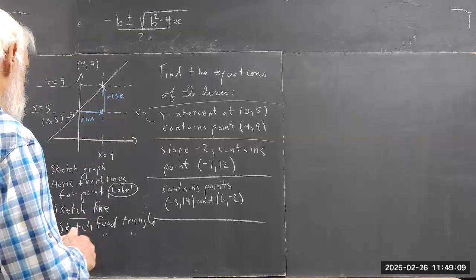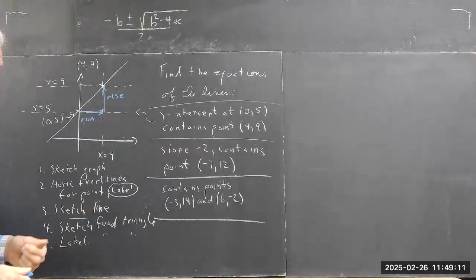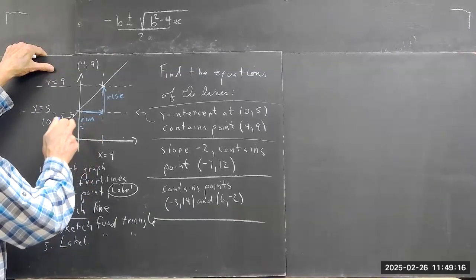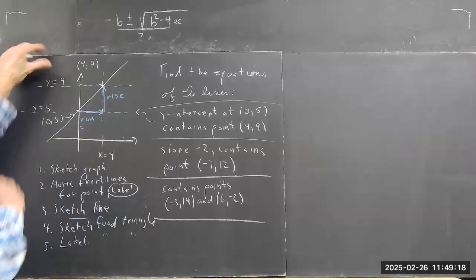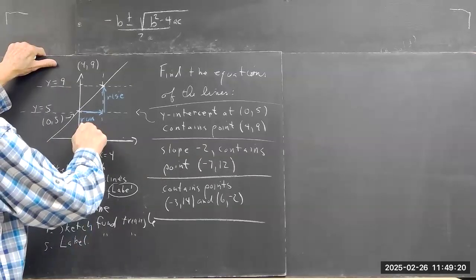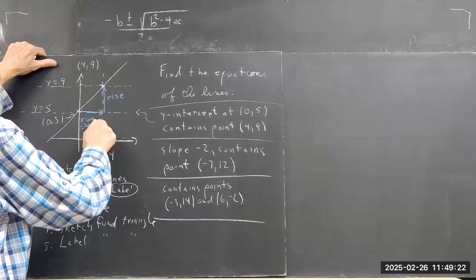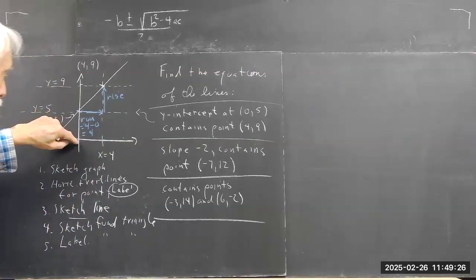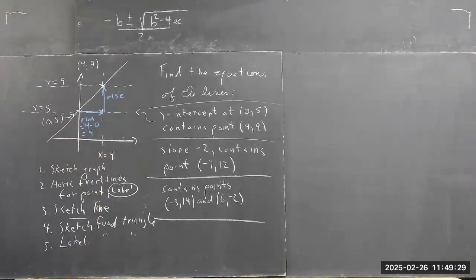I label the rise. I say what the run is. The run is from 0 to 4, right? That makes the run 4 minus 0, which is 4. You subtract the earlier coordinate from the later coordinate.